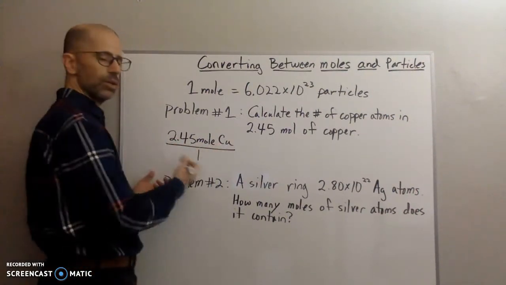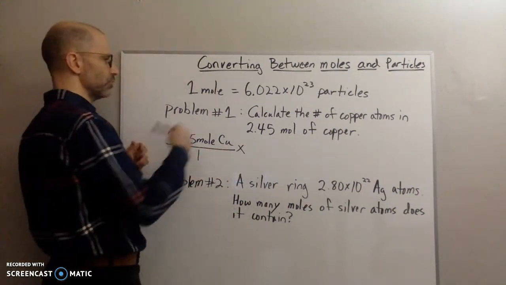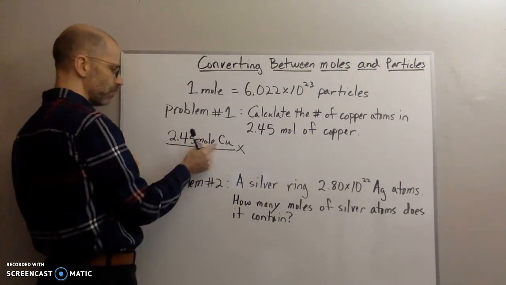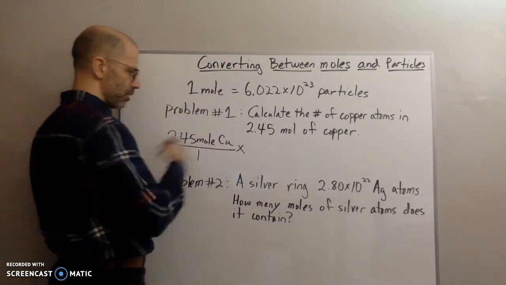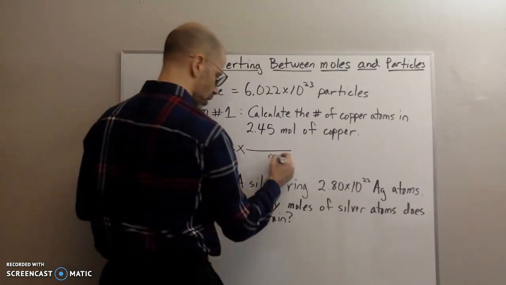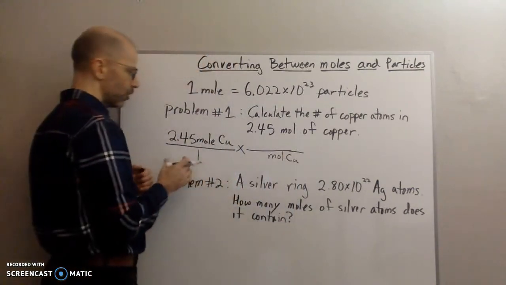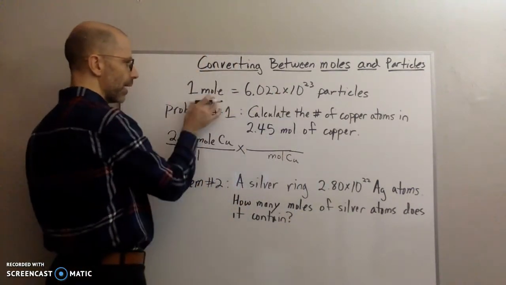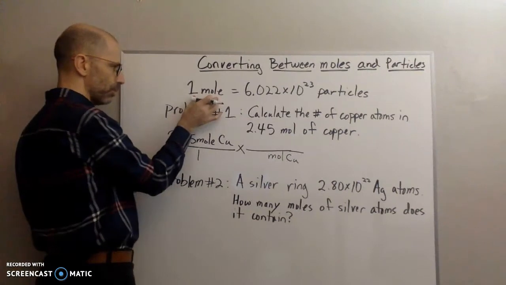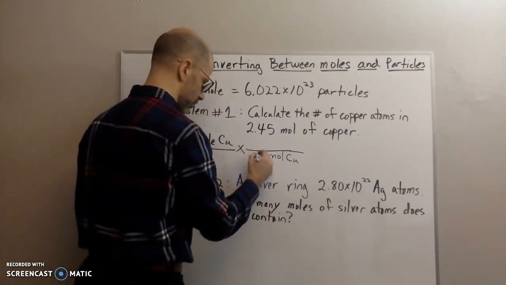Now I'm going to start my conversion factor using this relationship. I have moles of copper on the top, so I need to put moles of copper on the bottom. I'm going to put 1 mole of copper, because that's the 1 mole right here.